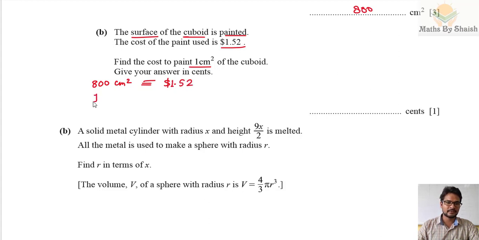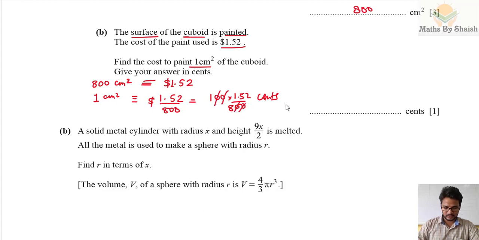So to paint 1 centimeter square, it would be 1.52 over 800 dollars. Since we require our answer in cents, it is going to be 100 times 1.52 over 800 cents.